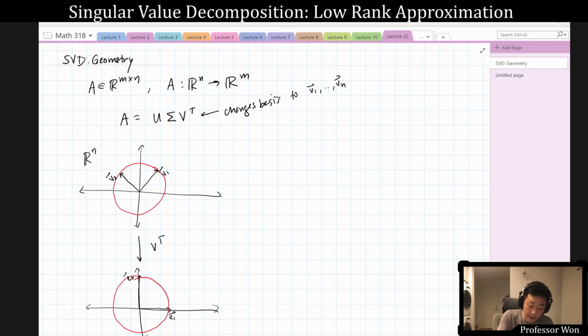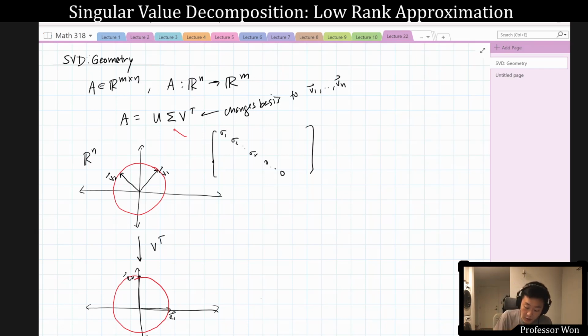Now sigma does something really predictable. Sigma looks like this, which means that it sends the first basis vector to sigma 1 times the first basis vector, it sends the second basis vector to sigma 2 times the second basis vector, etc., and then it will send the rest to 0.